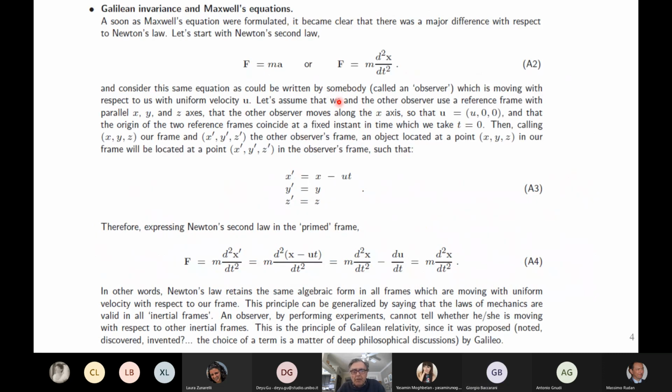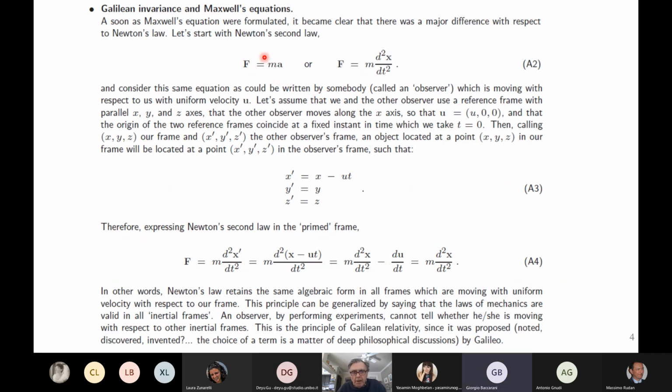We discussed a little bit the fact that at the end of the 19th century, there was a problem. Newton's laws seem to be invariant, well, are invariant under Galilean relativity, Galilean transformation, which means that different observers moving at constant velocity with respect to one another will describe the physical world using the same equations, which has algebraically and mathematically the same form, such as F equal ma, for example.